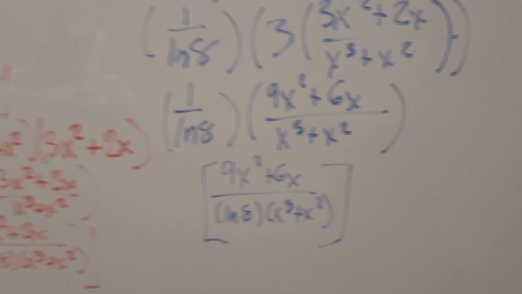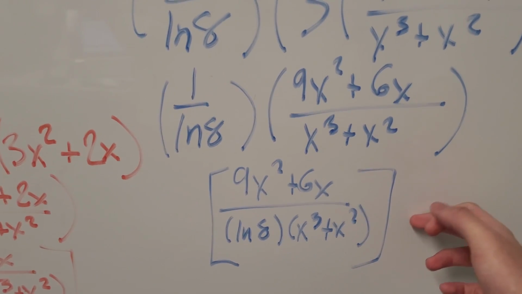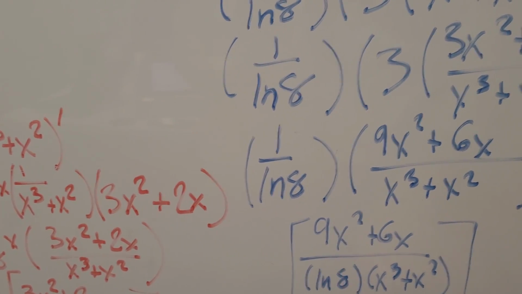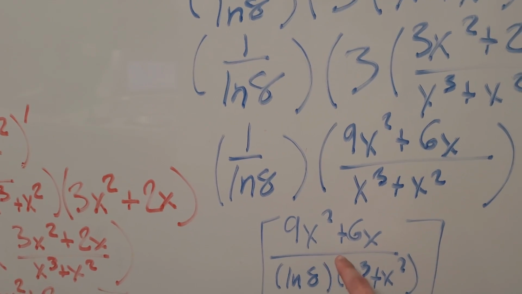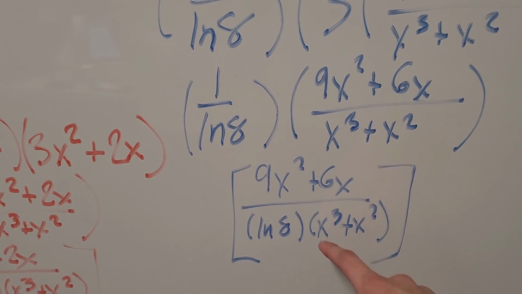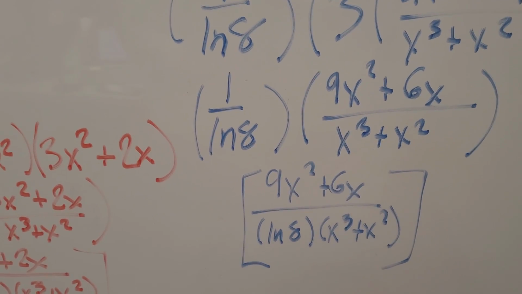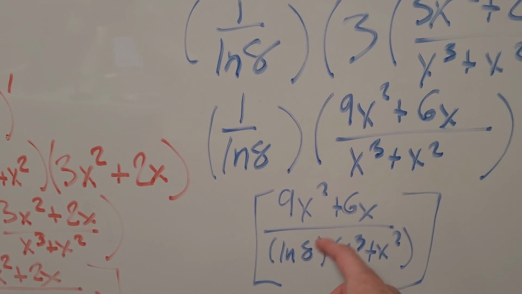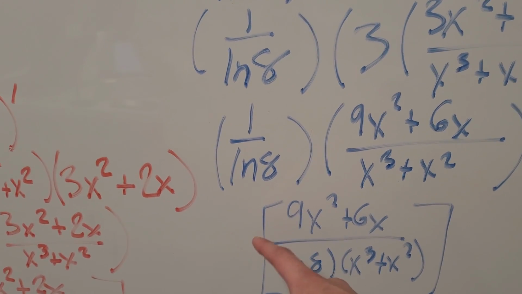Right. So this is a great simplification. What would make it even better is if you notice that in the denominator, we have everything with an x. We don't need to worry about the 1 over ln 8 because that is just being multiplied in. So what we could do is factor out an x, and then also factor out a 3 from the numerator.